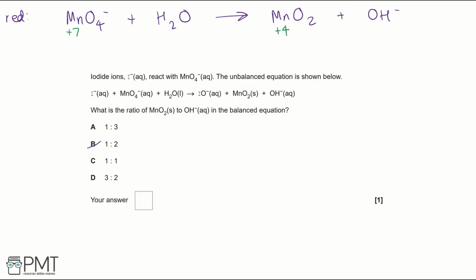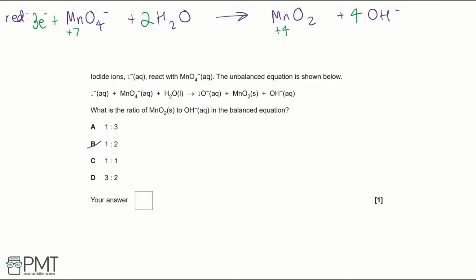So it's being reduced. And now we can balance. So balancing this equation, we put a 2 in front of our H2O and we put a 4 in front of our OH minus. And then because we're reducing, we need to add 3 electrons in order to balance the charges, and also reduction is the gain of electrons.